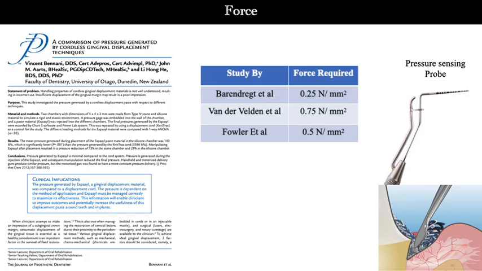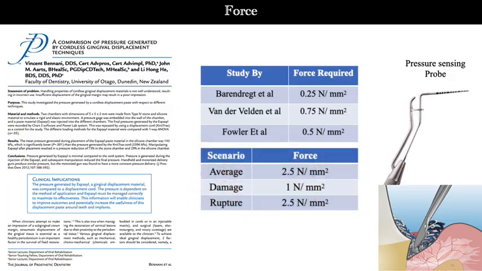So the way we could portray this would be in a lighter way: placing the retraction cord into the sulcus. This is a softer way of dealing with it, because we need only about 0.25 to 0.75 newtons per millimeter square of force for placement of retraction cord. But the ugly truth is we almost use about 2.5 newtons per millimeter square of force.